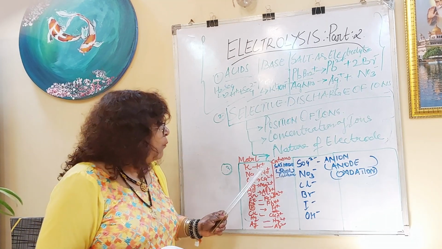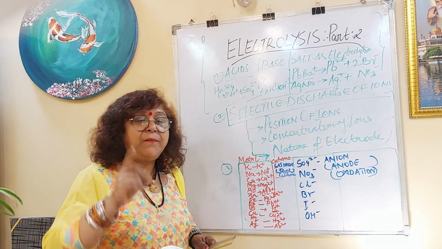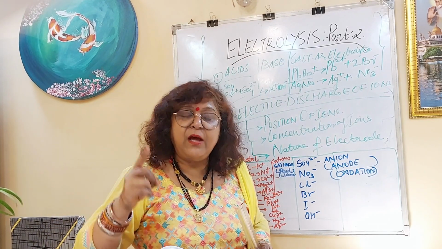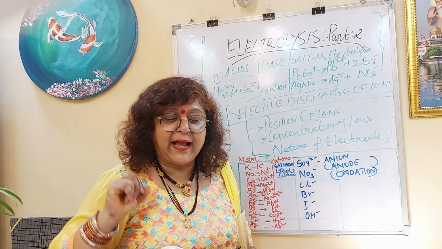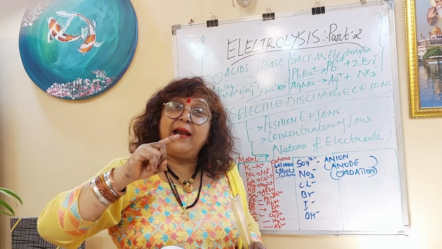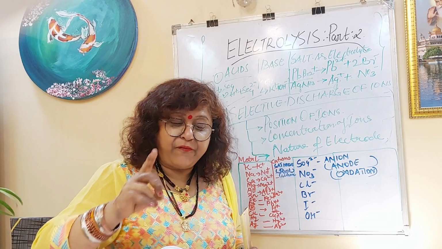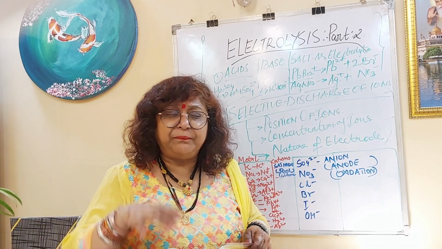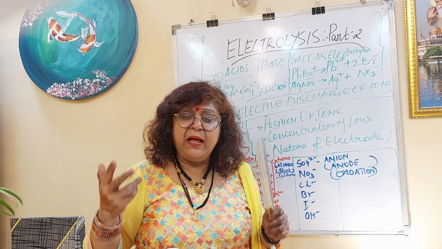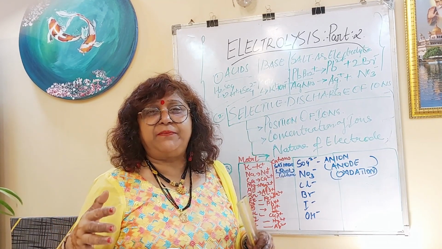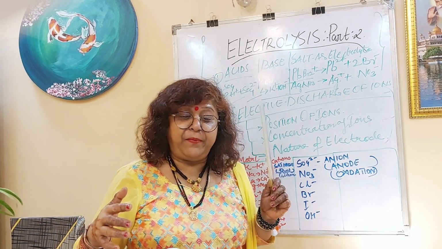And what do these metals form? The metals lose their electrons more easily to form positive ions called cations. And now these cations are formed at the cathode. Like potassium: potassium will lose its electron, and the reduction reaction takes place at the cathode, if you recollect your previous lesson.